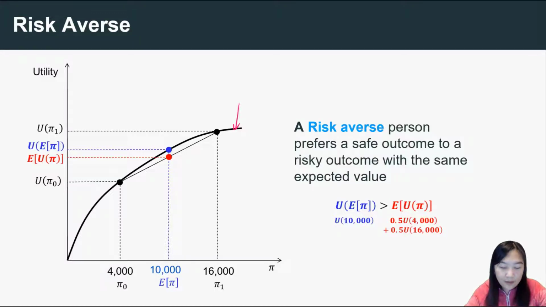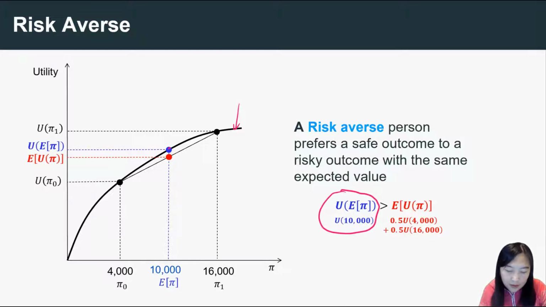If the utility curve has this shape, then this person is risk averse. The reason is that the utility of expected profit, the blue dot there, is greater than the expected utility.